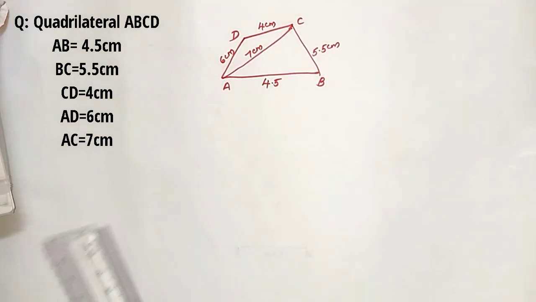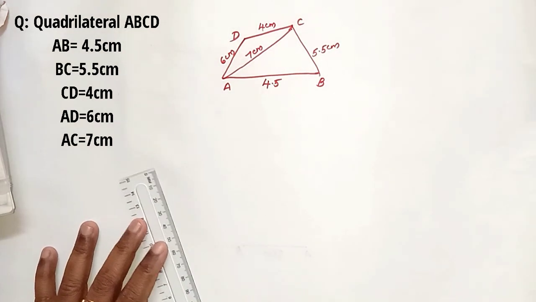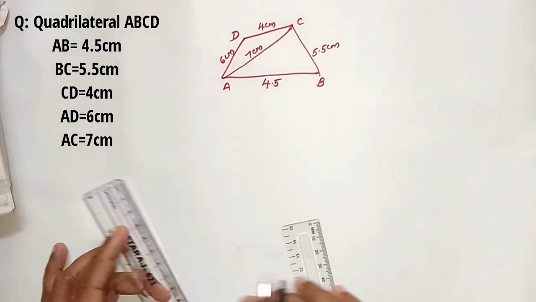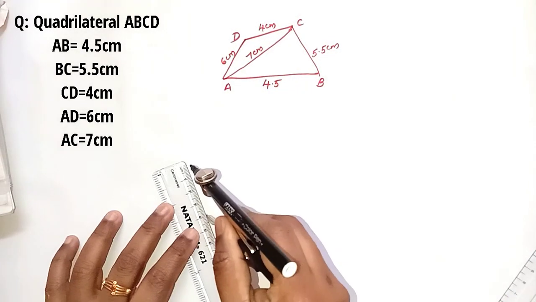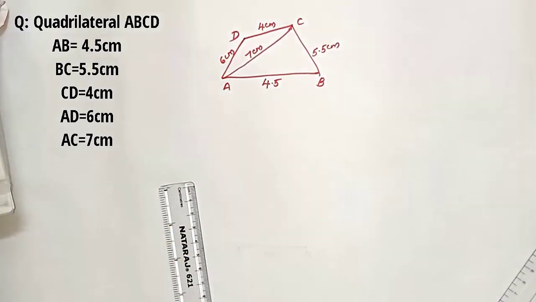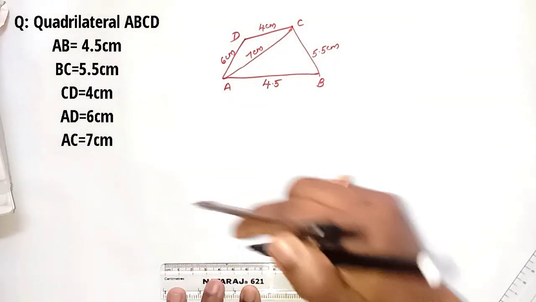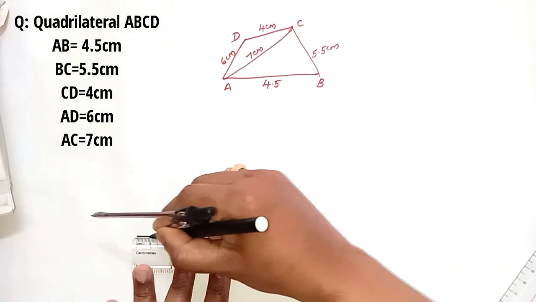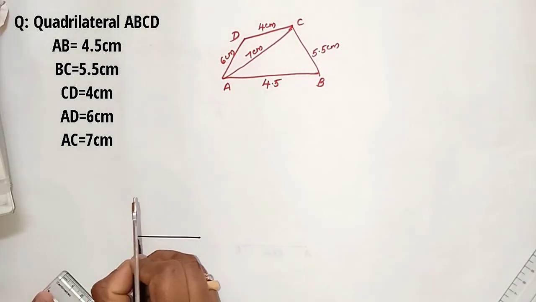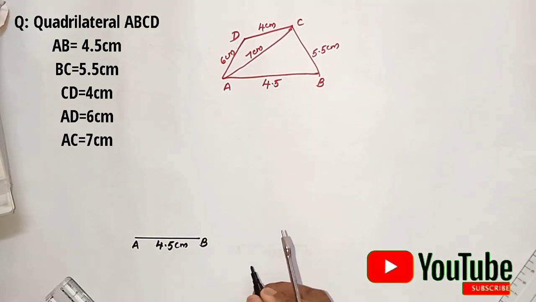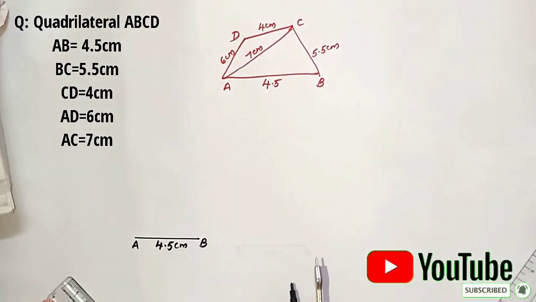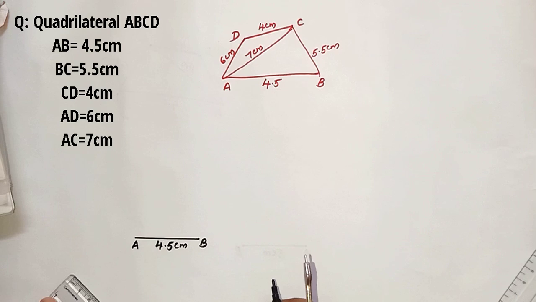So AB is equal to 4.5 centimeter. So first you have to draw AB, 4.5 centimeter, and mark A, B. Now first you have to construct triangle ABC using the SSS construction condition, that is side condition.